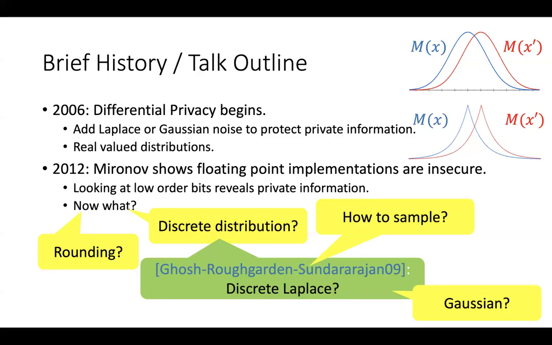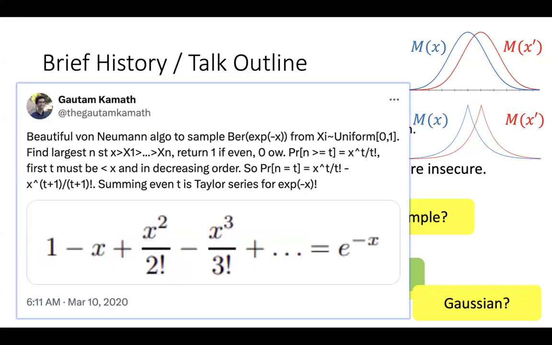But we didn't really have a great idea until we had a serendipitous tweet. This tweet came out March 10th, 2020, by my co-author Gautam. I saw this and I thought, hey, this seems relevant to sampling of discrete distributions for differential privacy.